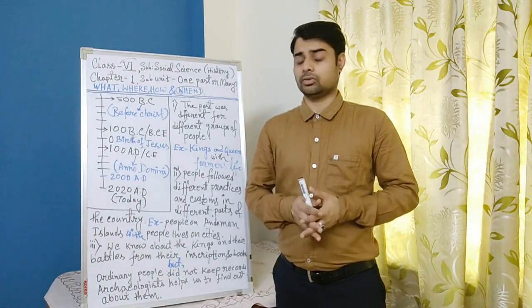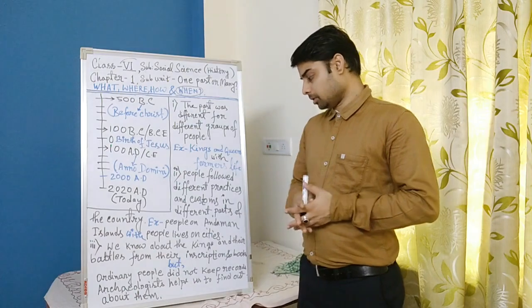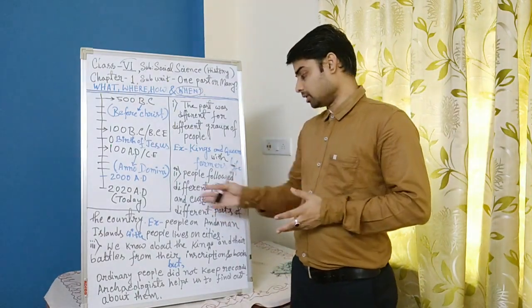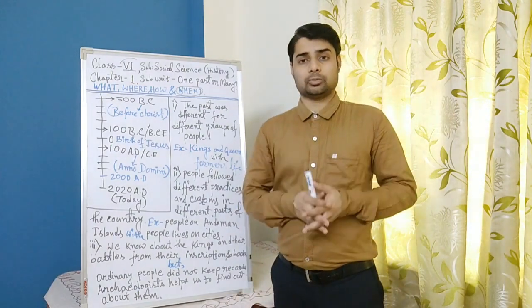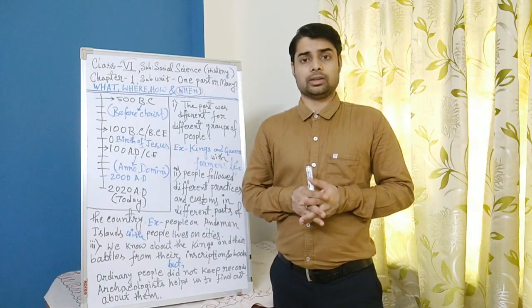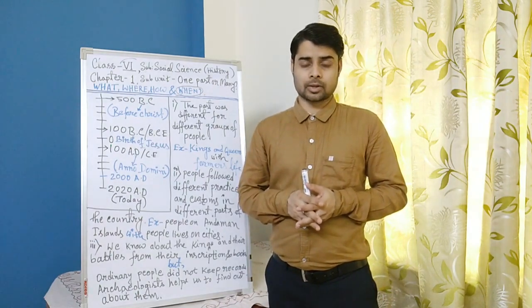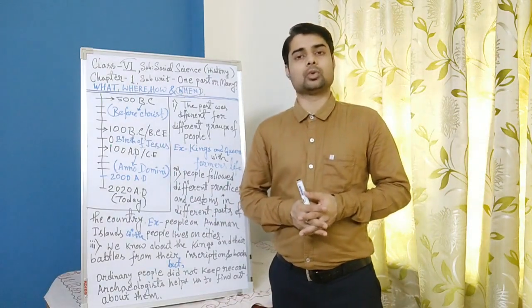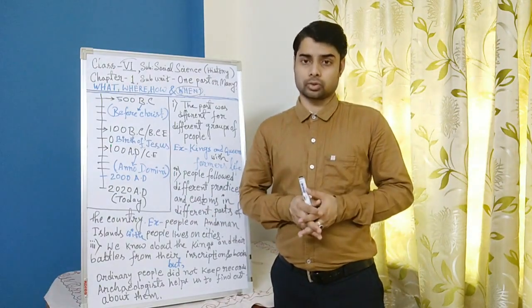If we want to write the history of the urban people living in the big cities, and the history of the people living on the small islands in Andaman and Nicobar, their histories are totally different. And there is another tribe living in the Andaman Islands that is totally secluded from modern society.